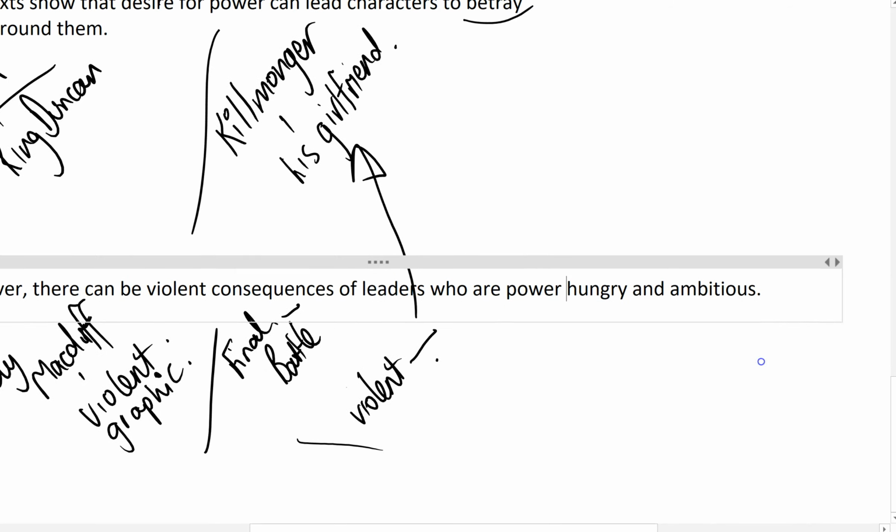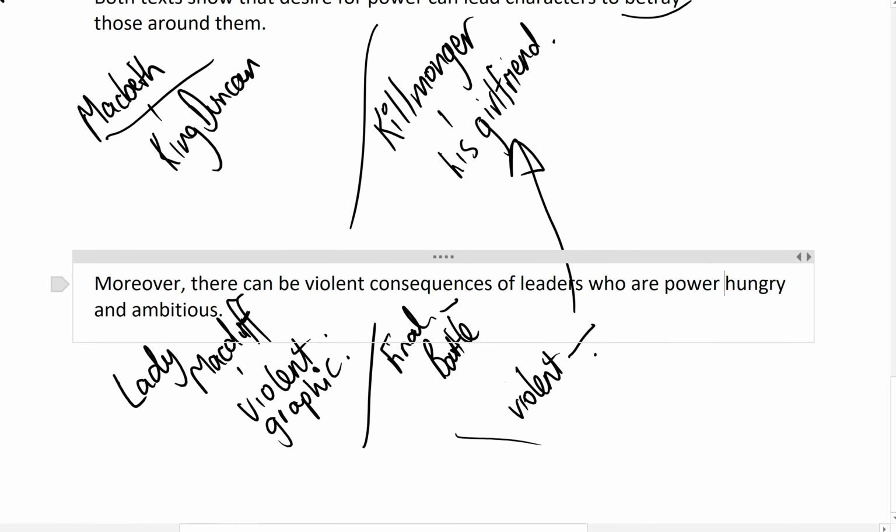So you could also say something along the lines of, in order to maintain power and hold on to power, leaders may use violence to achieve their purpose.